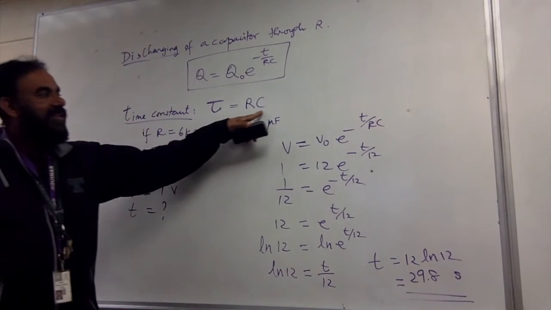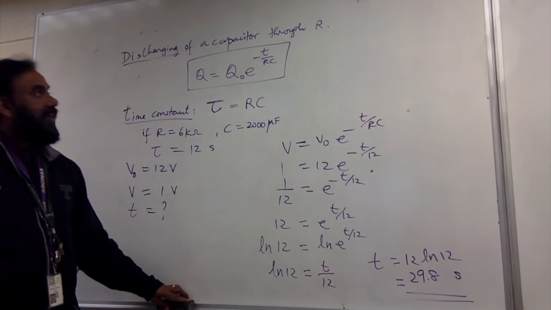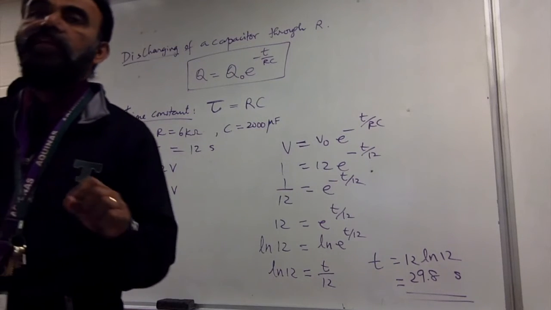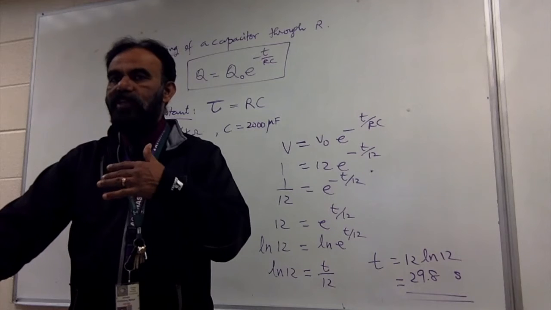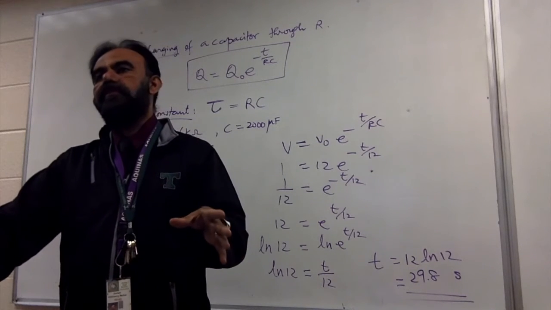So what is the secret of RC? RC is the time constant. In fact, an RC circuit is used in circuitry mainly for time control. RC is a timer.